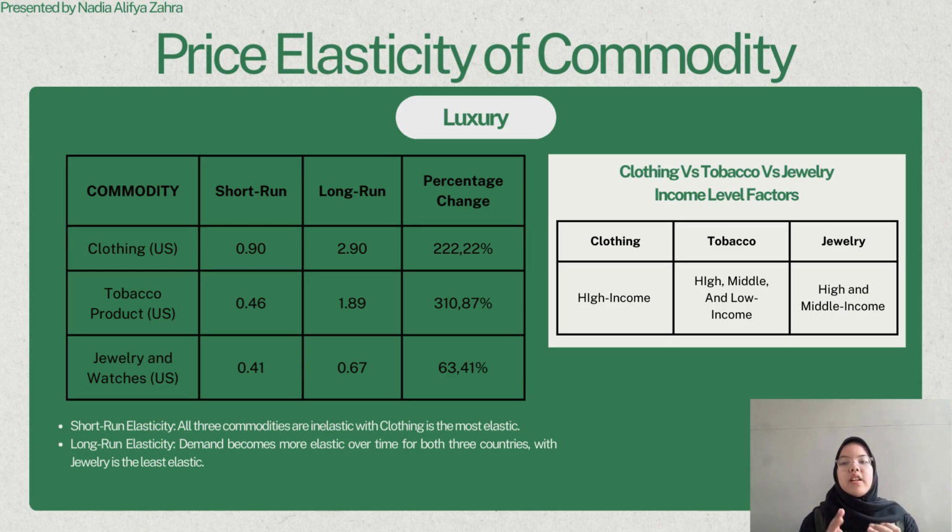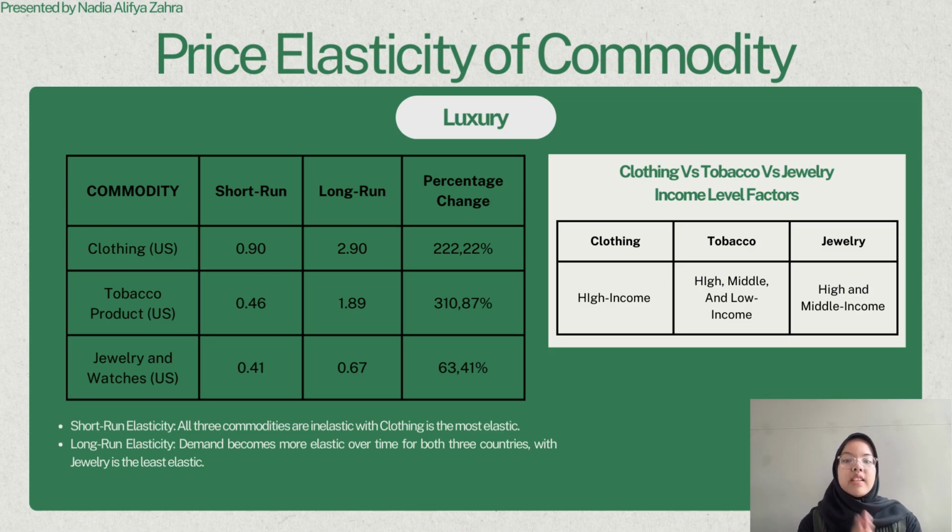Okay, we continue to the price elasticity of commodity in the luxury section. Here we have clothing, tobacco products, and jewelry and watches. In the US, the factor that most affects the price elasticity in the luxury section is the income level. The primary consumers of luxury clothing are individuals in the higher income brackets.